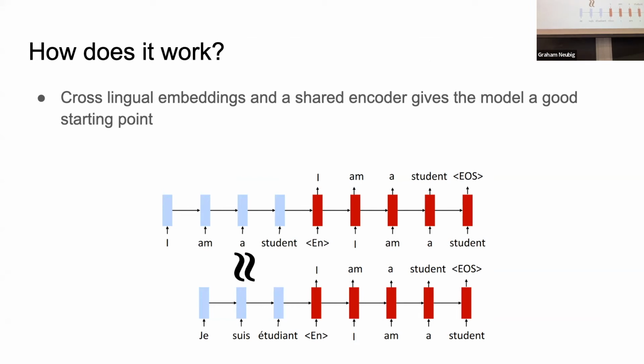To take the example here, we have like I am a student, and if you have bilingual embeddings where the bilingual embeddings got mapped close together, basically these word embeddings look the same.